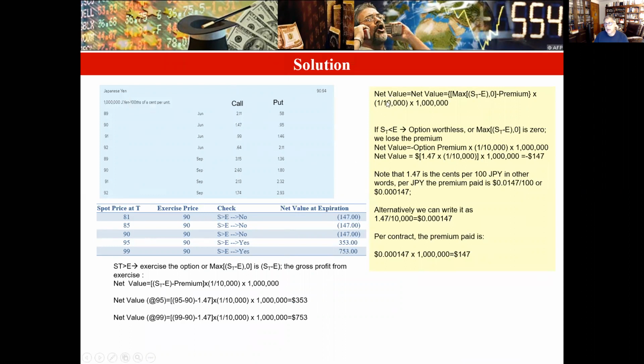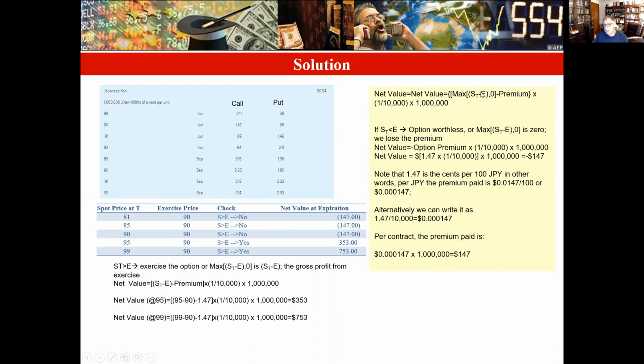How we are going to calculate the net value. Net value is indeed equal to the value of the option at the expiration minus the premium times the number of contracts that we have. Because of the peculiarity of the Japanese yen, we have an additional term in here to appropriately calibrate the price.